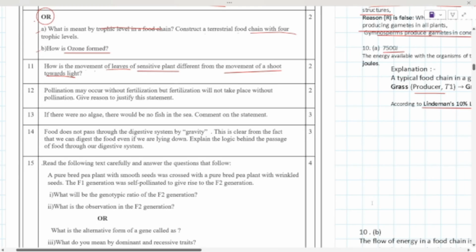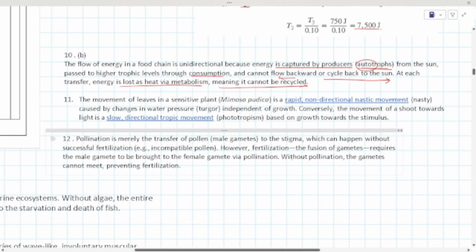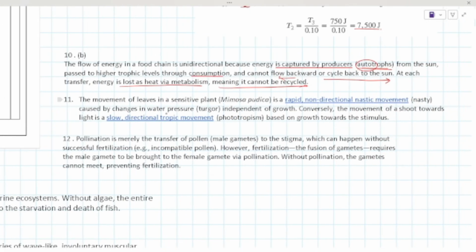The movement of leaves in a sensitive plant, such as Mimosa pudica, is a rapid non-directional movement caused by the change in water pressure, independent of growth. Is it clear?